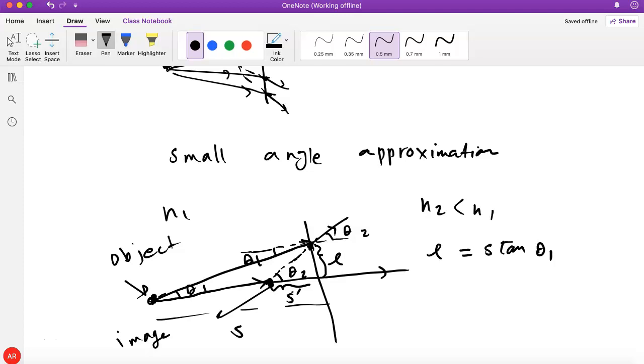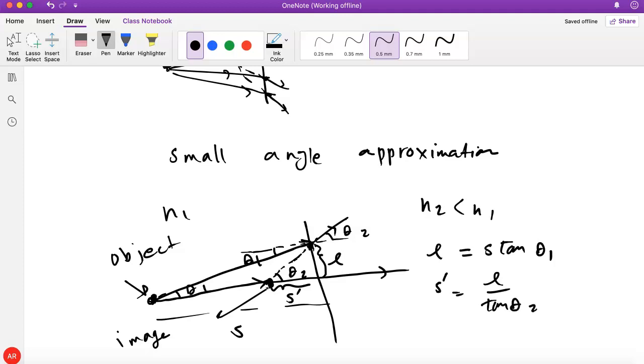And if you want to write S prime, S prime is L divided by tangent theta 2, right?